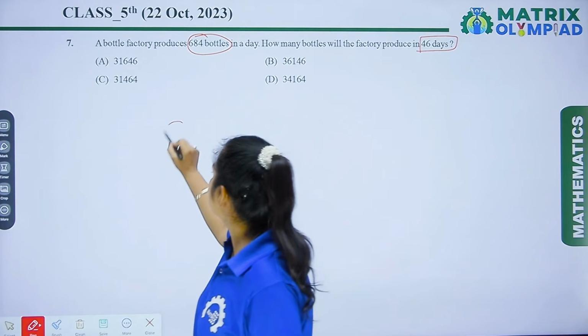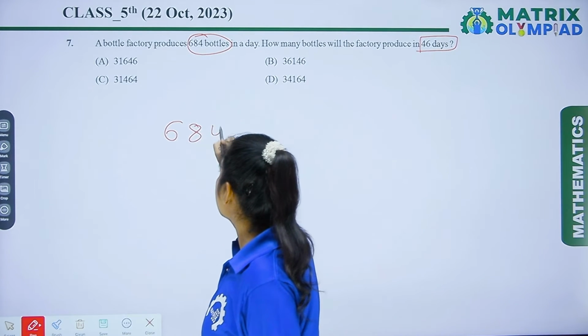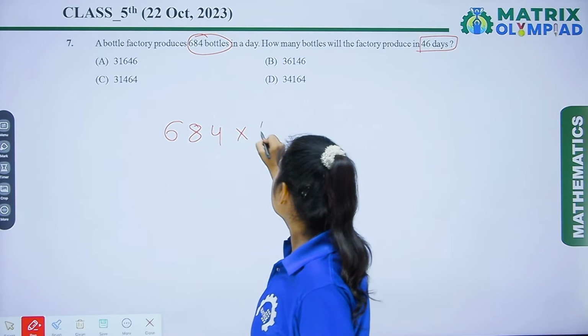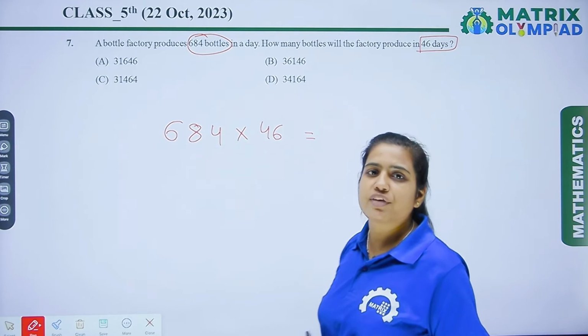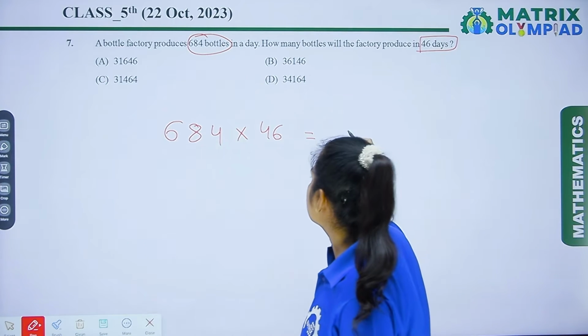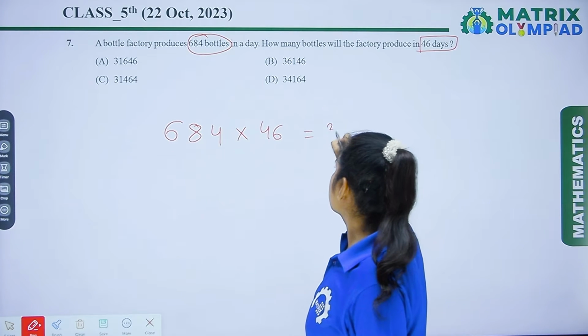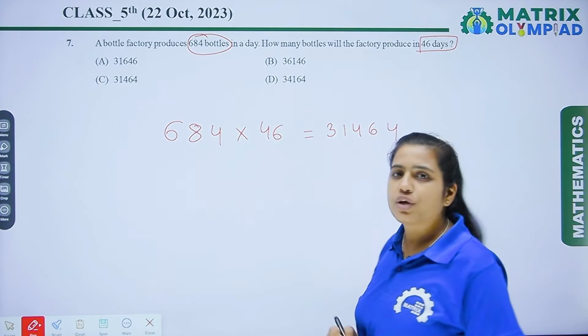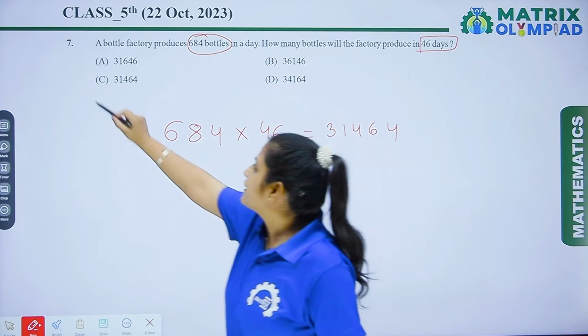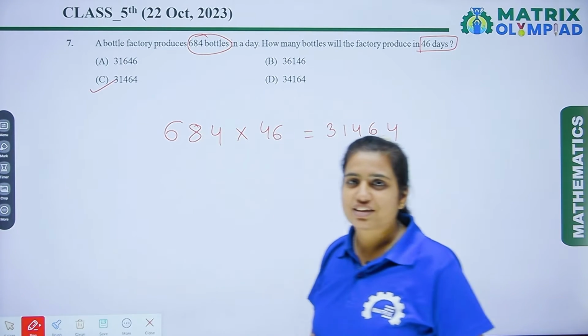So we have to multiply 684 by 46. So the product of 684 and 46 is 31,464. So here option C is the correct answer.